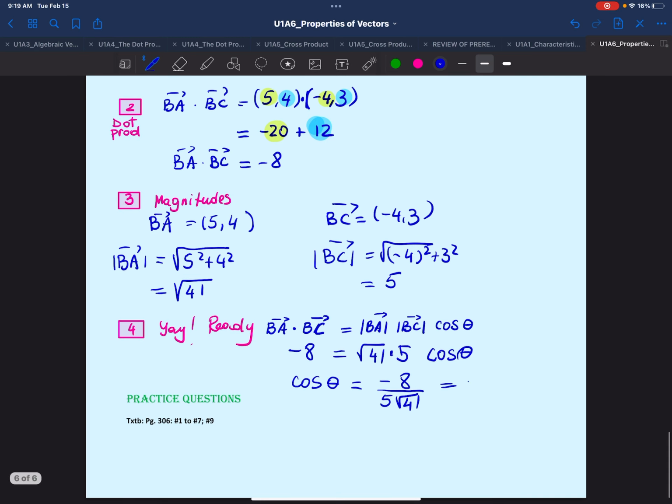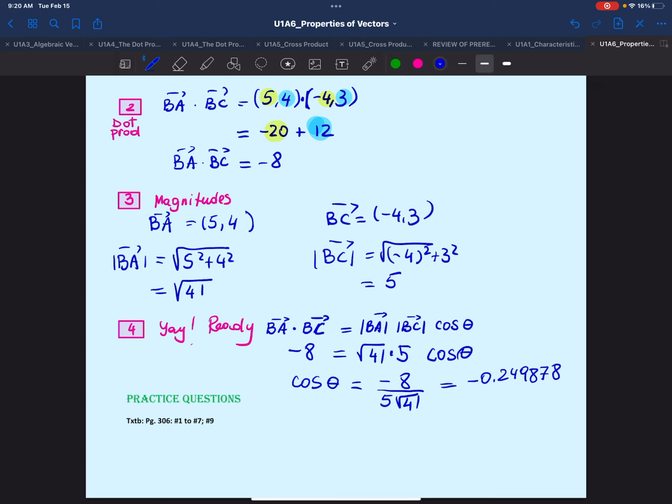In this case, we got negative 0.249878. Obviously, you're going to leave the answer in the calculator so that you get the precise answer. And you're going to take the cosine of this answer. And the answer that I got in here is, give me 1 second.